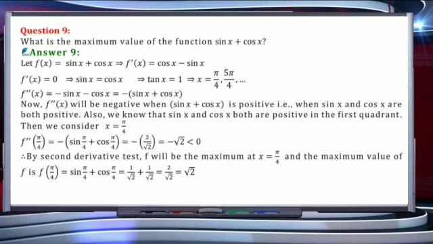We know that sin x and cos x are both positive in the first quadrant, so at pi by 4 the second order derivative is minus root 2. Whereas in the third quadrant both are negative, so its value turns out to be root 2. Hence the maximum value is root 2 and the minimum value is minus root 2.